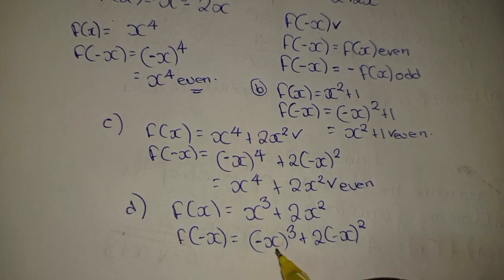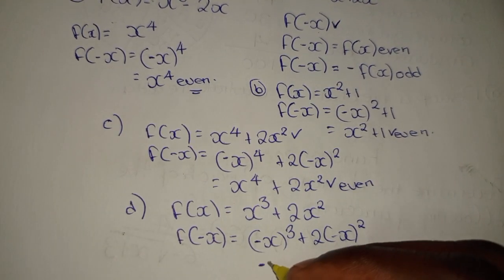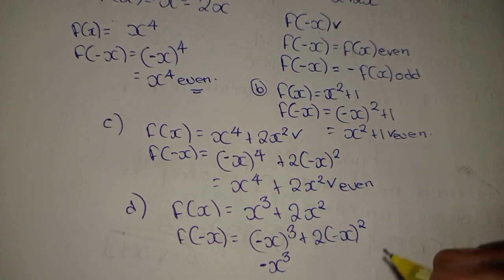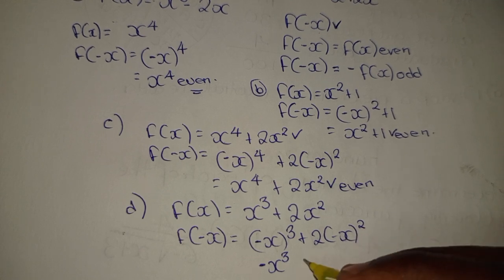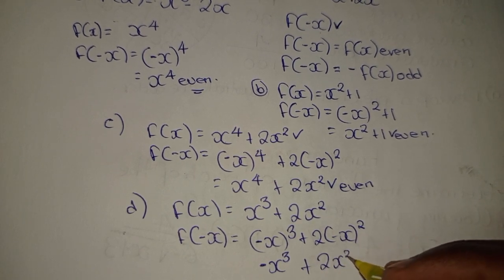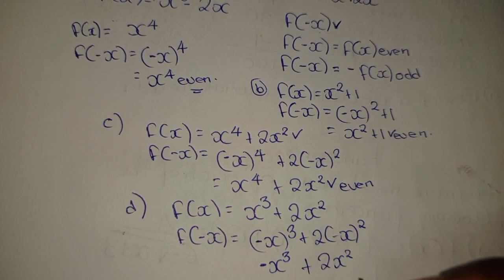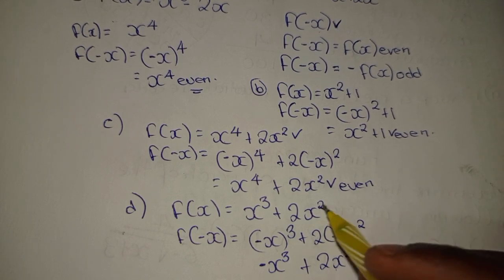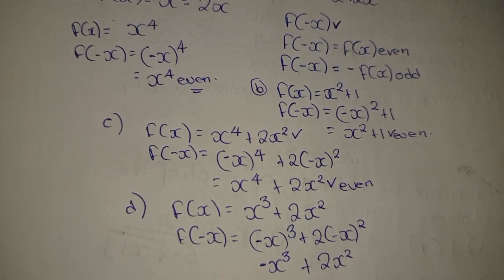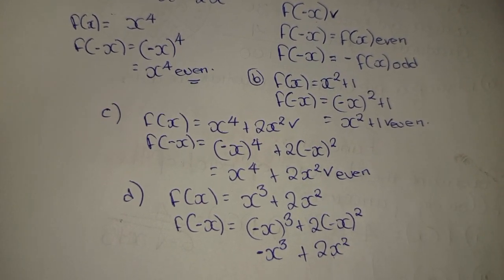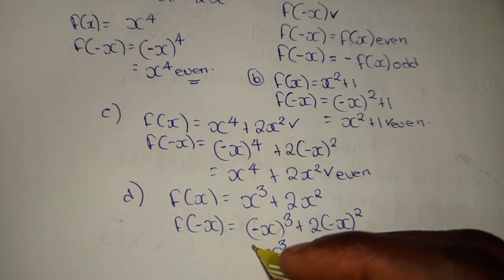Then from here we know for sure that negative x to the power 3 is negative x to the power 3, and negative x squared is x squared, so 2x squared. So we know that this function now does not resemble the original one. So it is not what? It is not even. So if it is not even, let us try if it is odd.